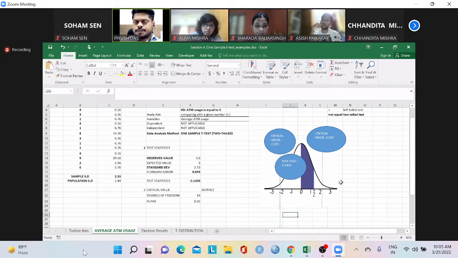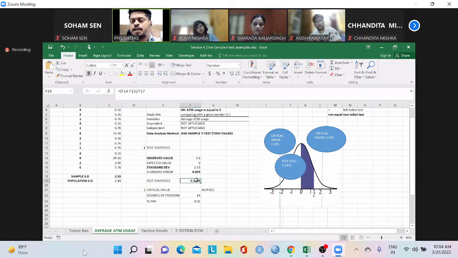So what it says now: if I have got a value which is greater than 2.145, let's say 2.5, 2.2, 2.3, or I would have got a value which is less than minus 2.145, let's say minus 1.8 or minus 2 or minus 1.96, whatever it is. In both the cases, if my value was greater than 2.145 or less than minus 2.145, then I could have rejected the null hypothesis, right?